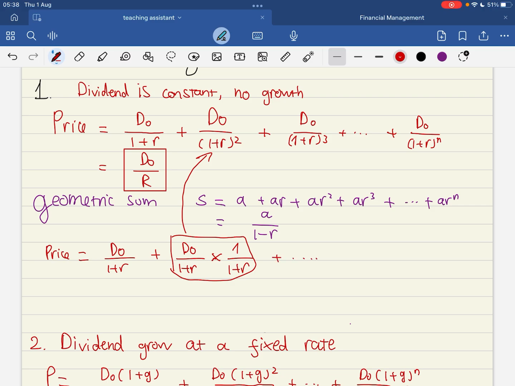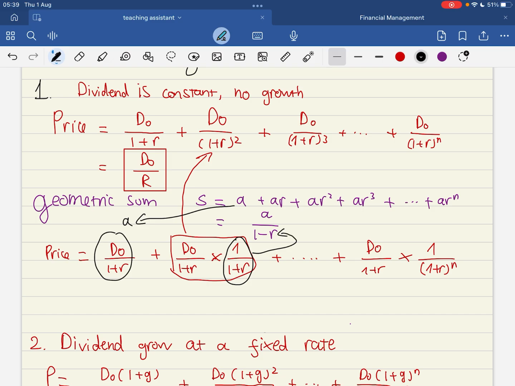Until the last one, which is D0 divided by 1 plus R times 1 divided by 1 plus R to the power of n. So we assume that D0 divided by 1 plus R is A, and 1 divided by 1 plus R is R in the geometric sum.